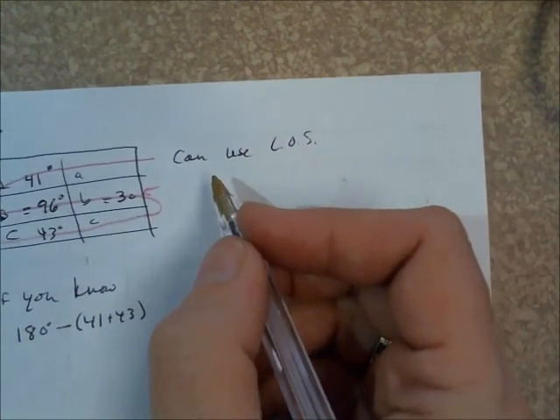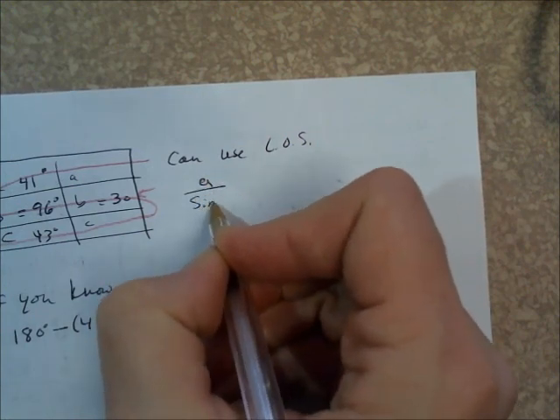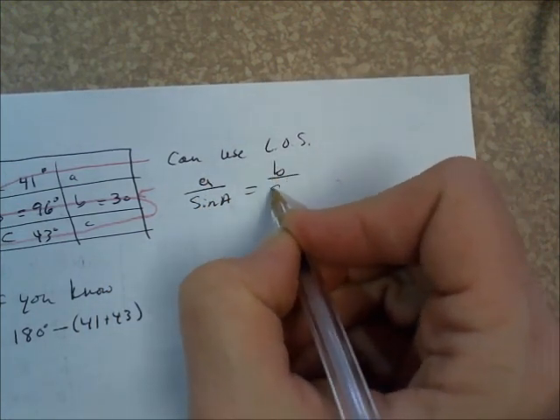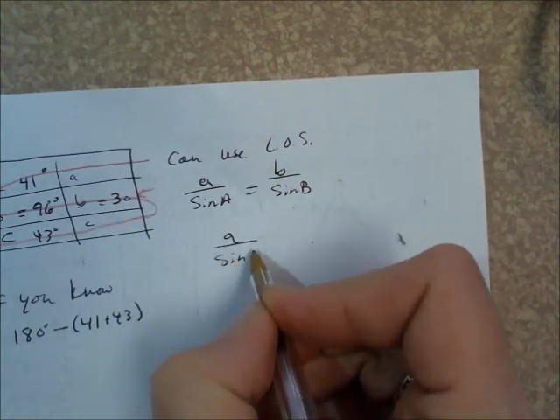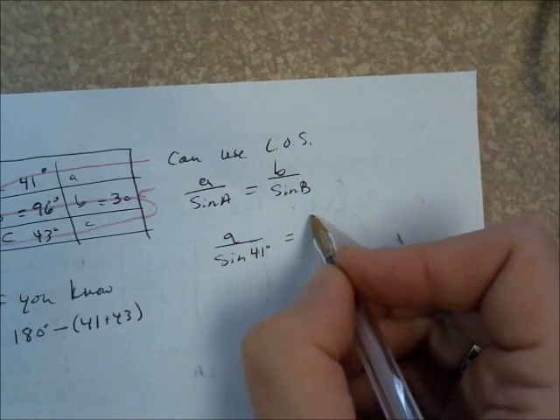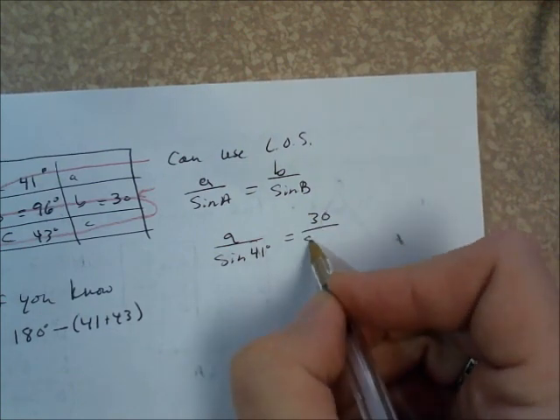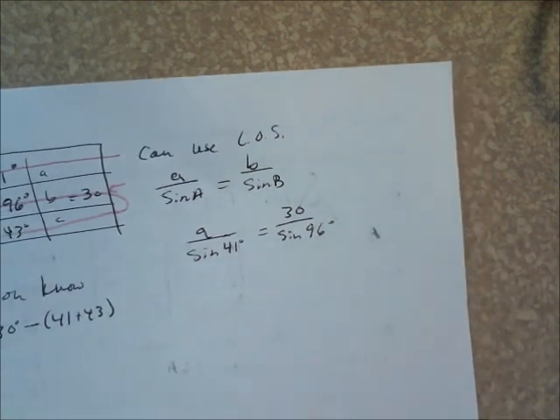And the law of sines says, we'll start out with A. A over the sine of A is equal to B over the sine of B. A we don't know. Angle A is 41 degrees. B we were told was 30. And angle B is 96 degrees.